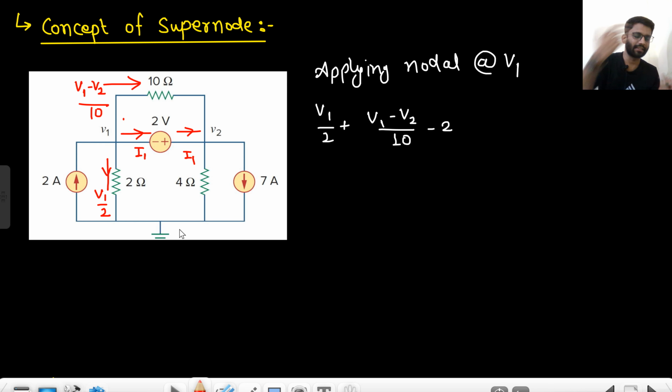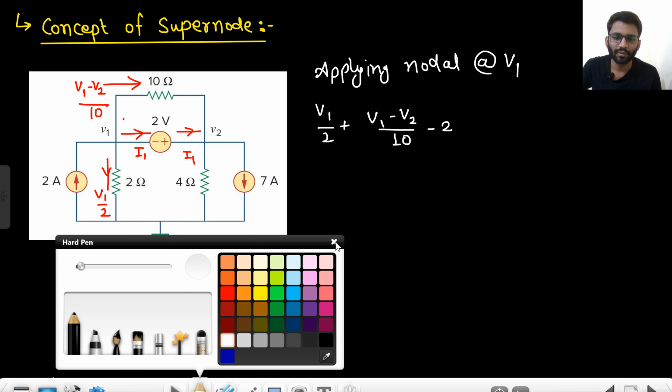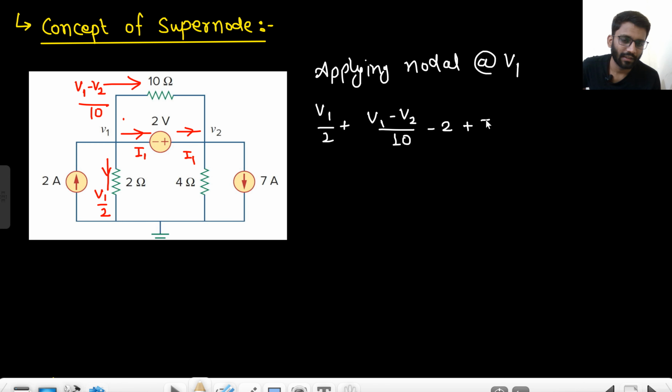It depends on you where you will consider the current. I am considering the current in this direction, I1 current is flowing like this. So plus I1 equals to 0, right? Outgoing current we are writing as positive.